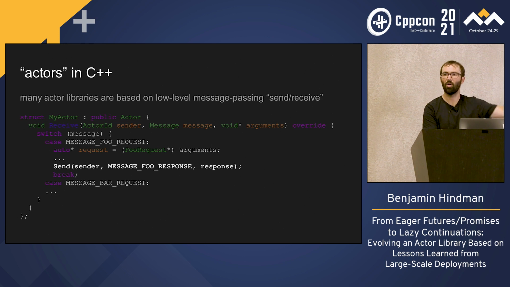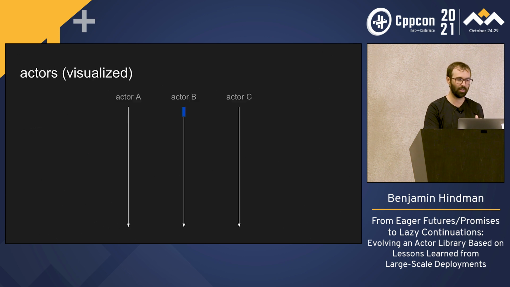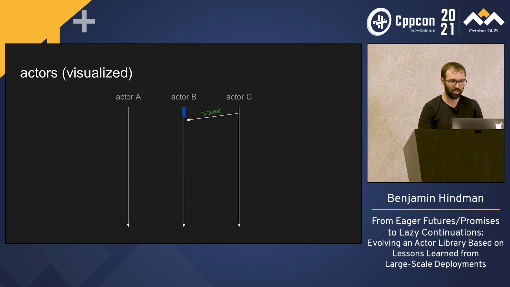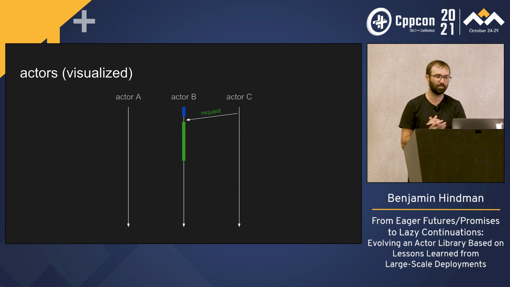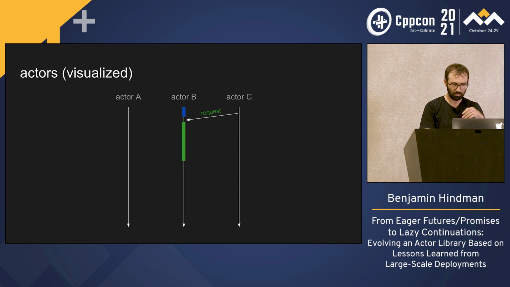It would just keep getting called for each message that you were given. Okay? So one way to visualize actors is to imagine that there's some actor B that's running. It's finishing up some operation, the blue operation, and actor C has sent a request for it to do something, the green operation. Once the blue operation is done, actor B can go ahead and execute that operation.